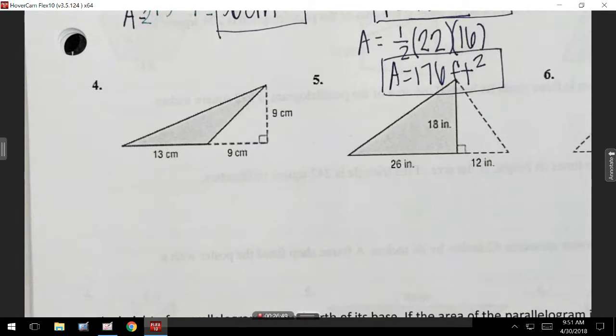How many pieces am I missing in number 4? 2.